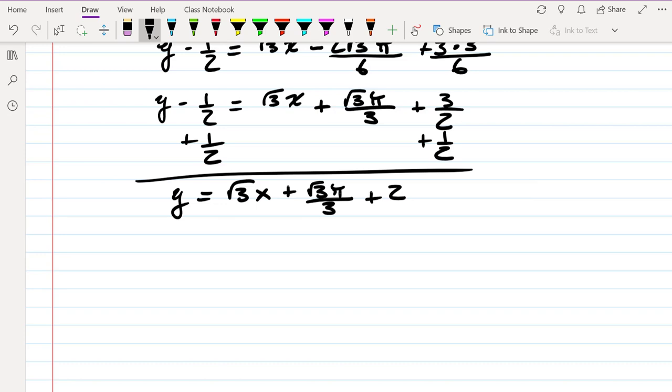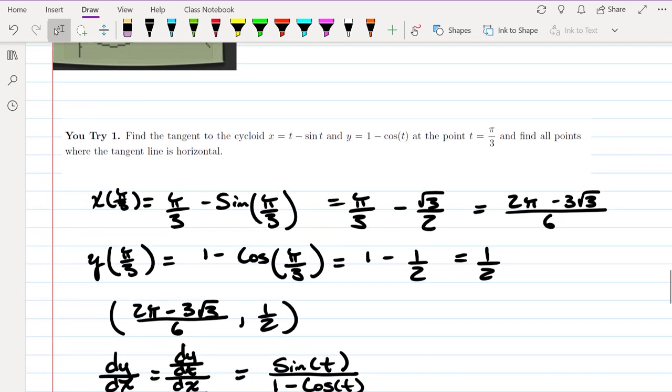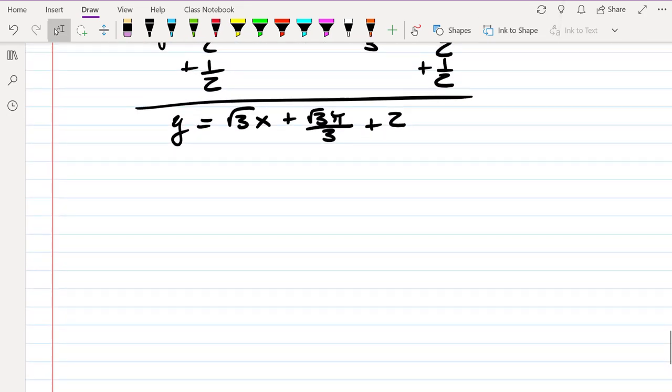So now, the next thing we want to do is find out all points where the tangent line is horizontal. Well, we'll have a horizontal tangent line when dy dt is equal to 0.